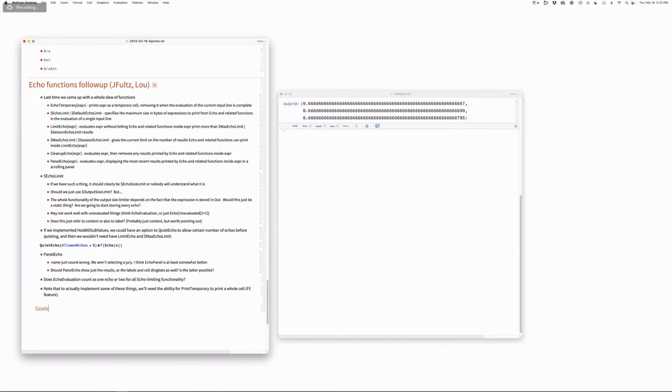Okay. All right. So let's describe what some of the things we think we want are. Goals. Okay. So, you know, put a wrapper around a whole evaluation to sort of penalize / limit / whatever echoes within it.